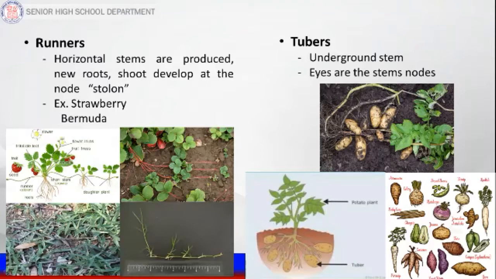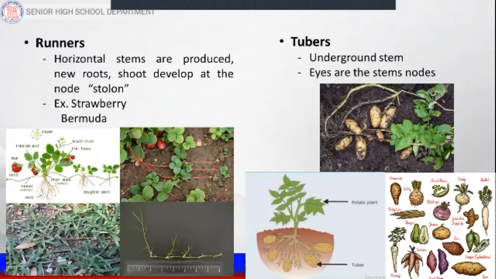So this runner is identical to its parent. The horizontal stems that come from the strawberry will also produce another strawberry. That is the process of asexual reproduction, only that it no longer needs the male and female gametes.